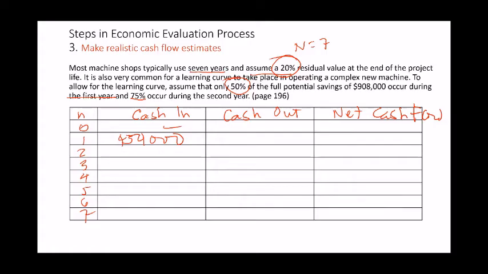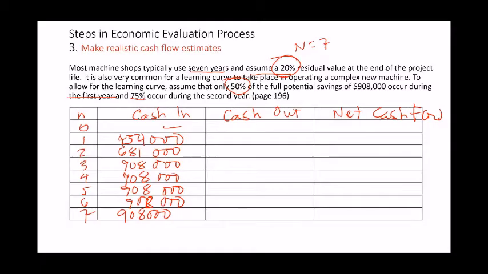And then year 2, we will get only 75% of 908,000. 75% of it is 681,000. And after that, year 3, we can get the full potential already of the savings. So we have 908,000.